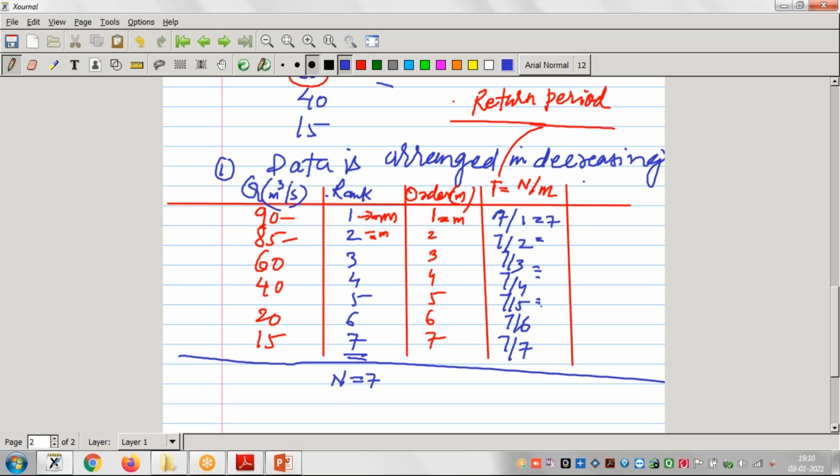Now through this table, what do we understand? If you see the value we get here, this is 7, then how many? 1, 2, 3, 4, 5, 6.